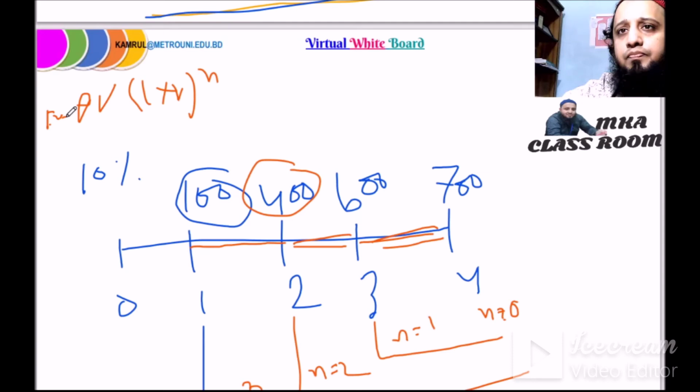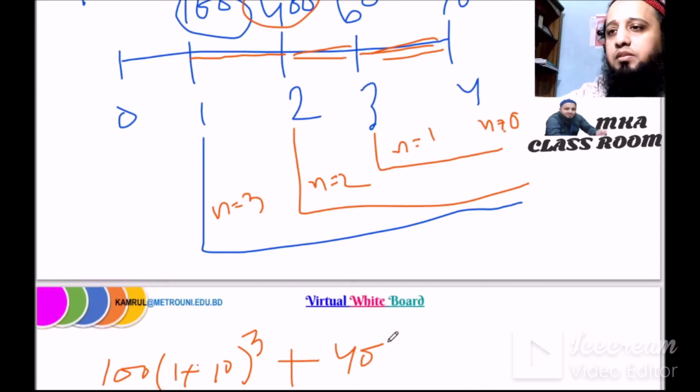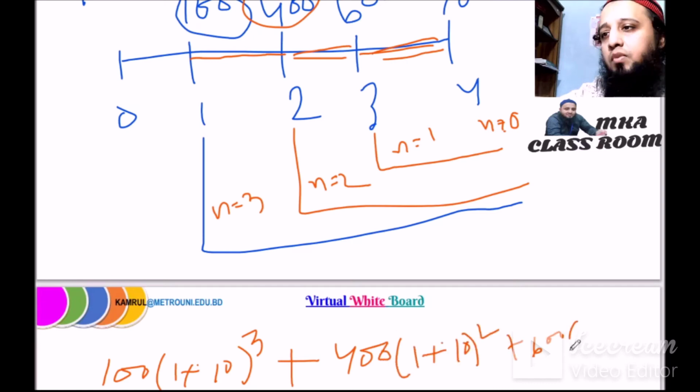Each single amount you can add together: 100 into 1 plus 0.10 power 3, plus 400 into 1 plus 0.10 power 2, plus 600 into 1 plus 0.10 power 1, plus 700 into 1 plus 0.10 power 0.